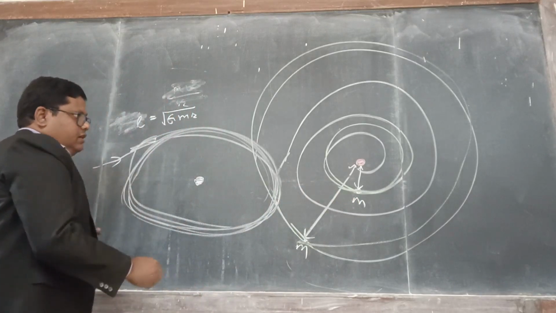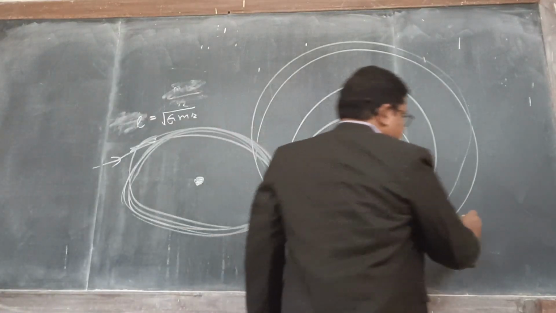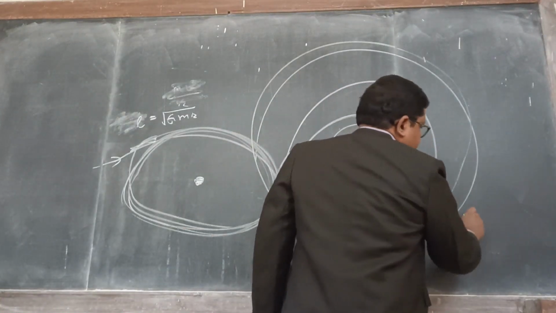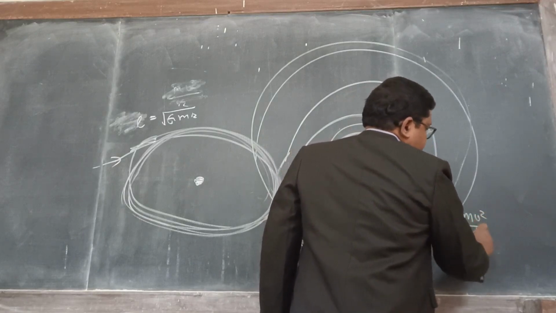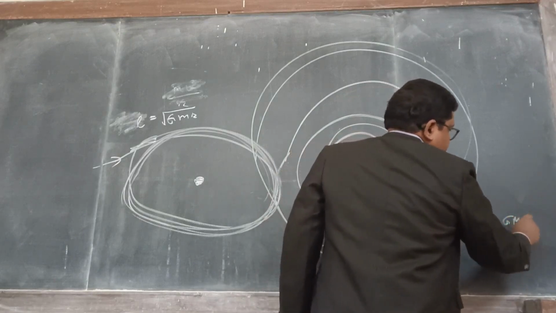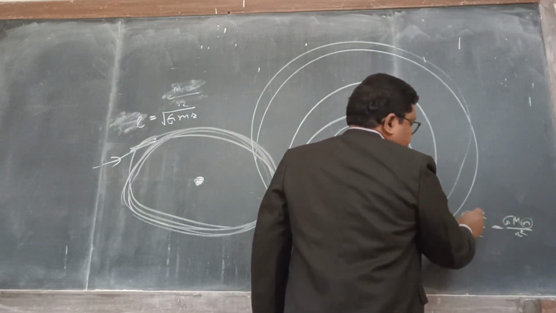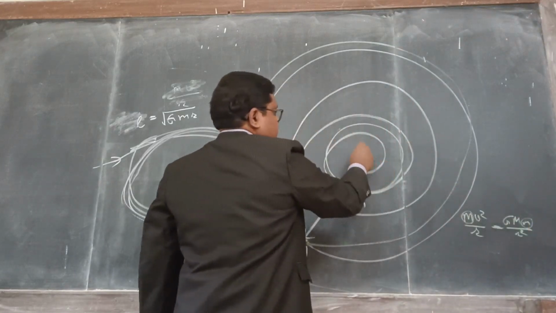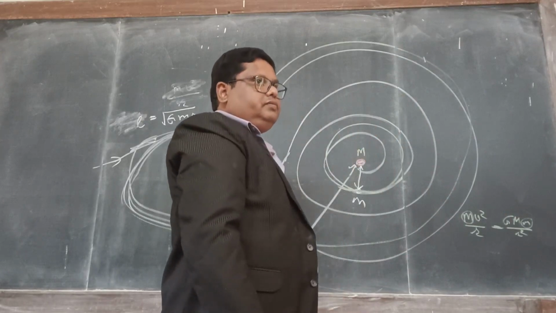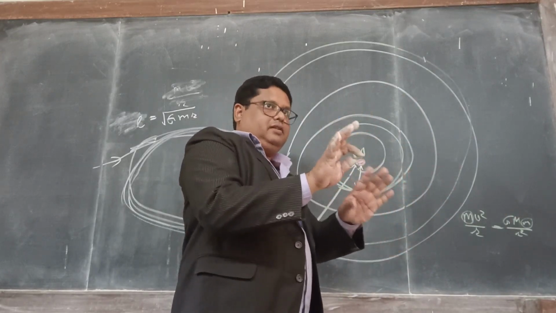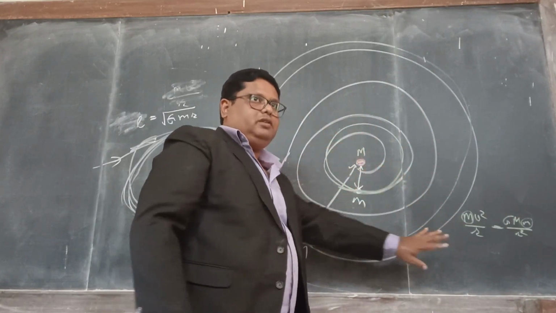So, the first thing is circular orbit. How do I get that from gravitational physics? mv squared by r equals GMm by r squared. This is the mass we are talking about, and this is the central mass. Sir, can we get an outgoing spiral orbit? Just a second, let me first talk about this.